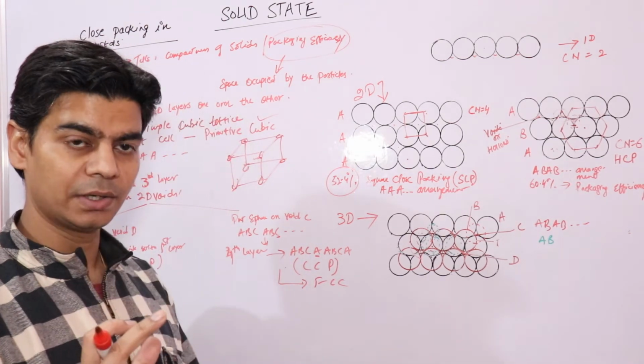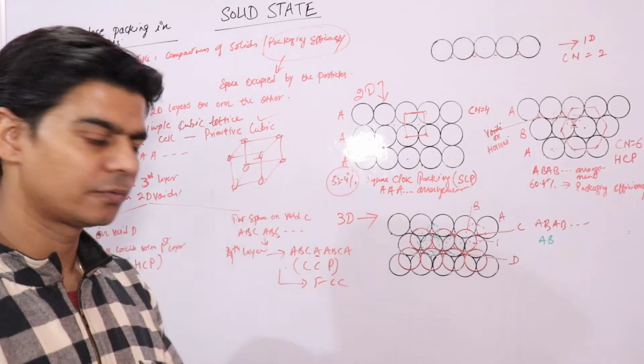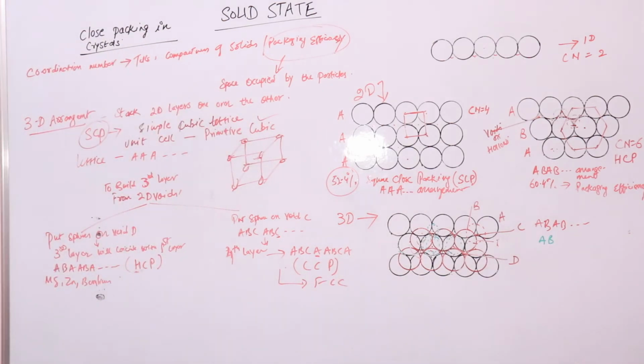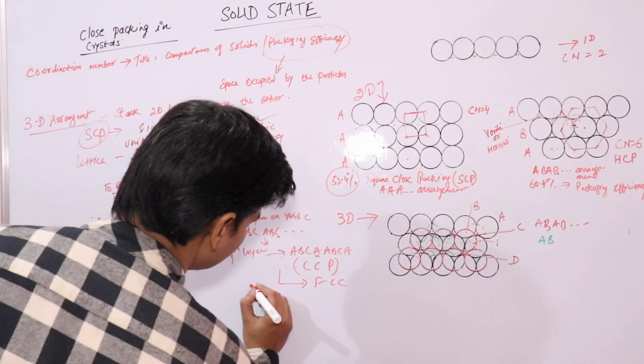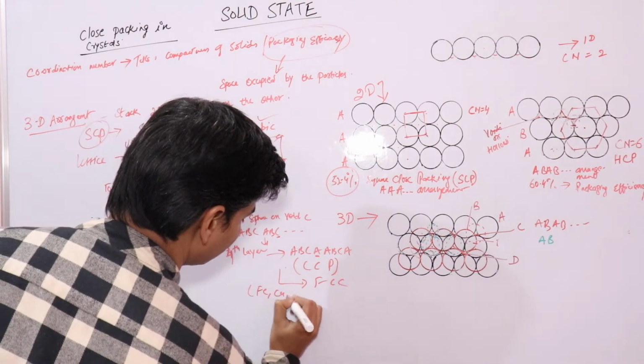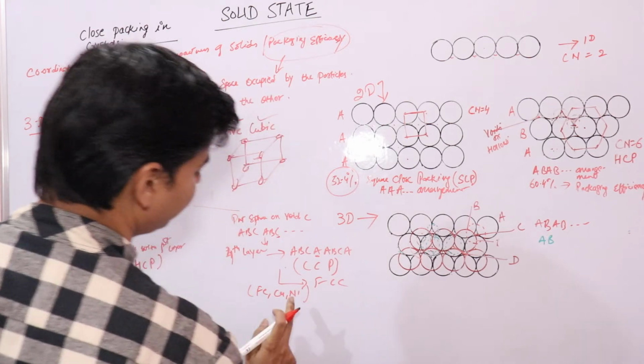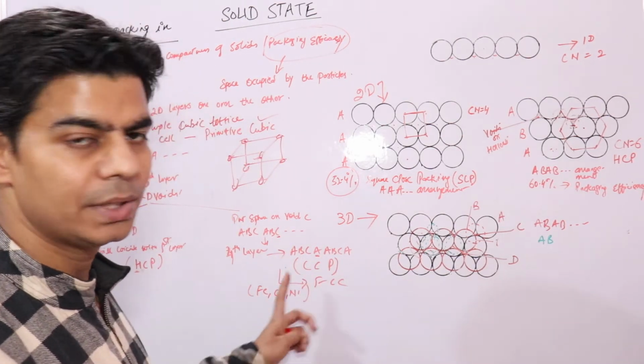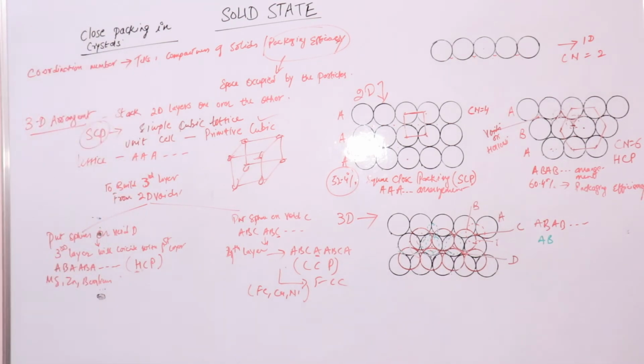We have one sphere or one particle at the center of every face. So this is your FCC arrangement, face centered cubic. An example for this is iron, copper, nickel. These are the examples of crystals that crystallize in this CCP arrangement, or CCP structures.